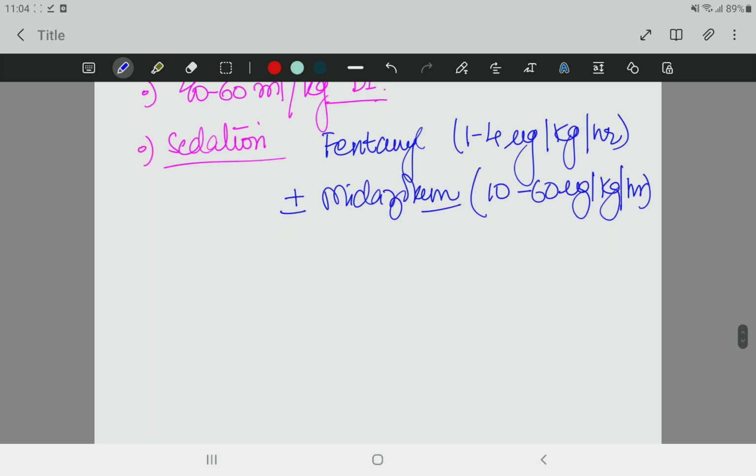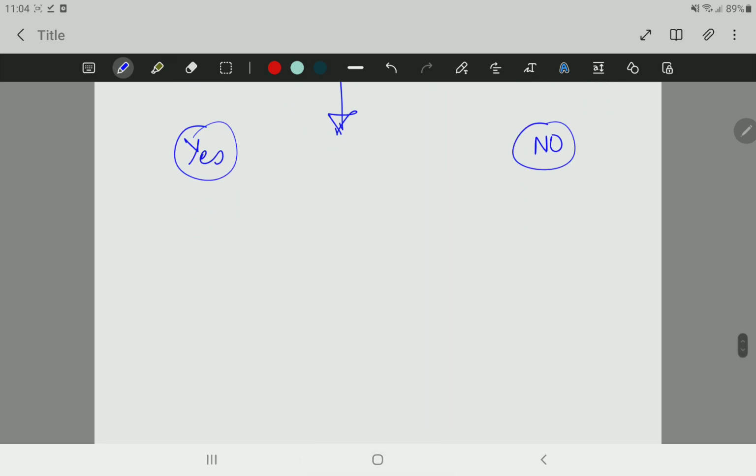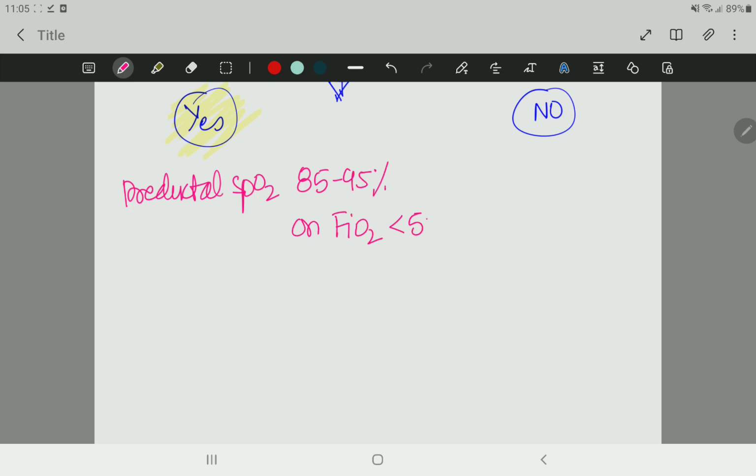After all these, when medical stabilization is achieved, or cannot be achieved. If it is achieved, what are the parameters? The first: preductal SpO2 should be 85 to 95% on FiO2 less than 50%.